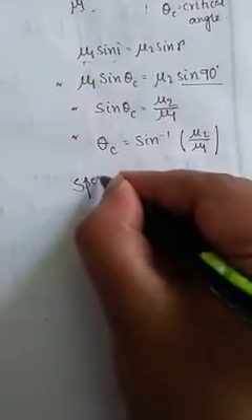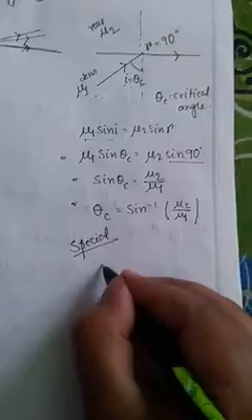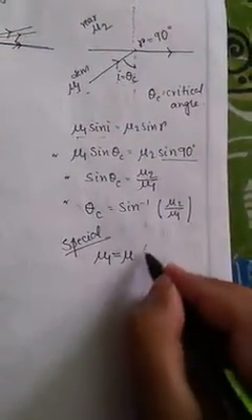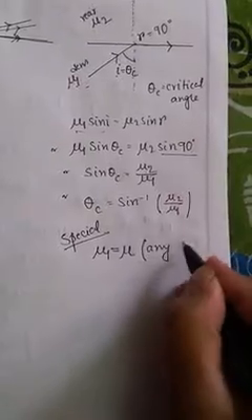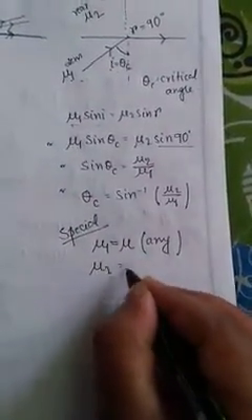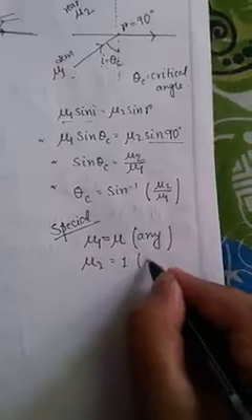Okay, from here we can do a special case. What is the special case? Let's say the refractive index of medium 1 is mu. It can be any medium except air. And medium 2, the rarer medium, I am taking as air. So mu2, the refractive index of air, is 1.